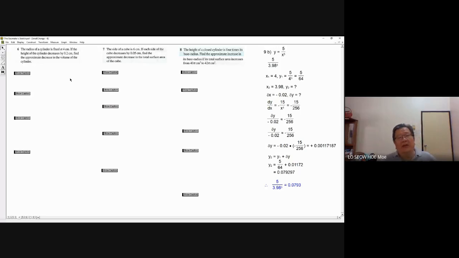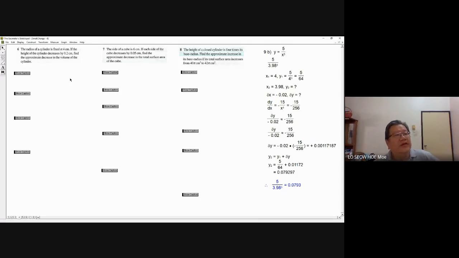Now, how many quantities are involved? The quantities involved are volume, radius, and height. Radius is a fixed number, so you only have volume and height. These two are variables. So you differentiate the volume with respect to the height, not with respect to the radius.